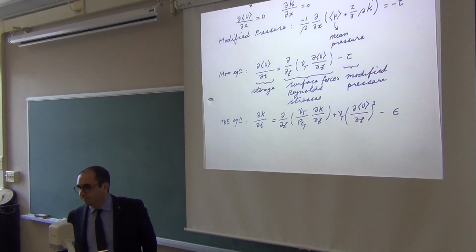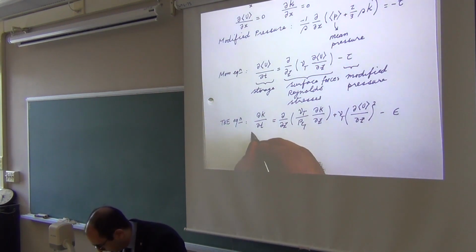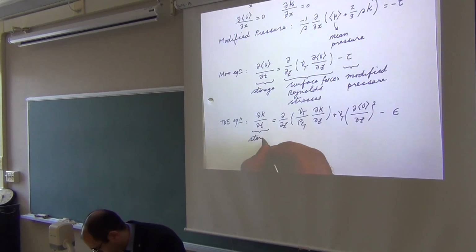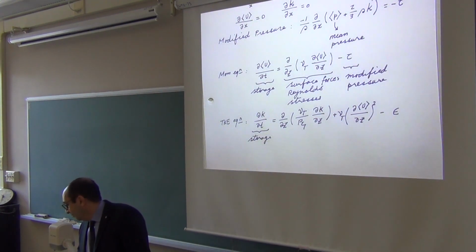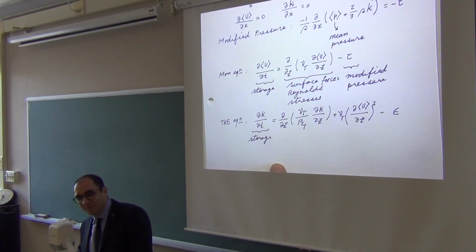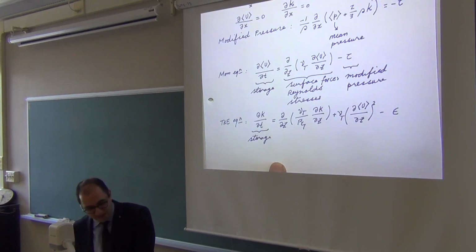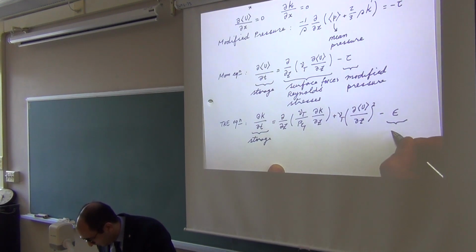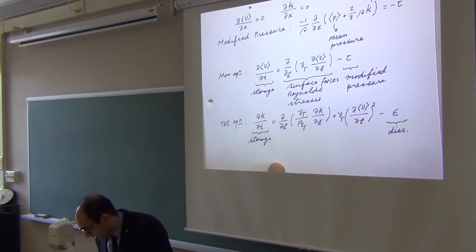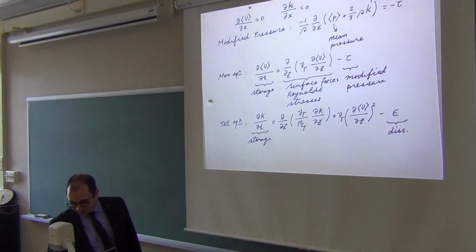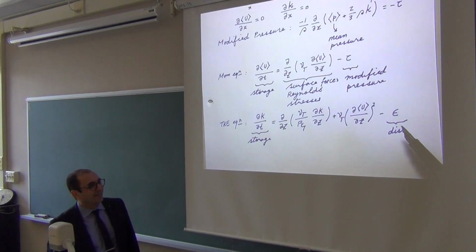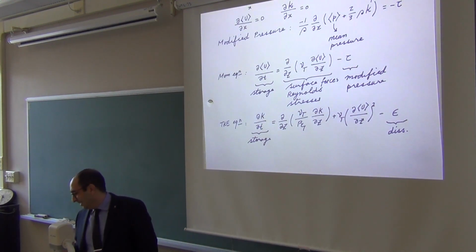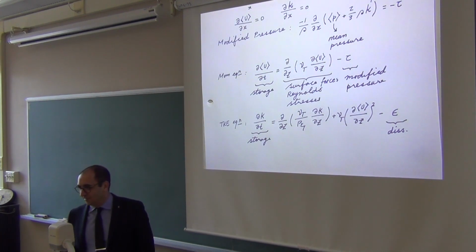Which one is the storage term? Left. That's not storage. So let me mix it up. Which one is the dissipation term? Last one. Dissipation. I'm also hinting you, right? Because I put a negative sign here. This is a sink. This results in consumption. It's a negative sign there. So this must be the dissipation rate. Which one is the energy flux divergence?